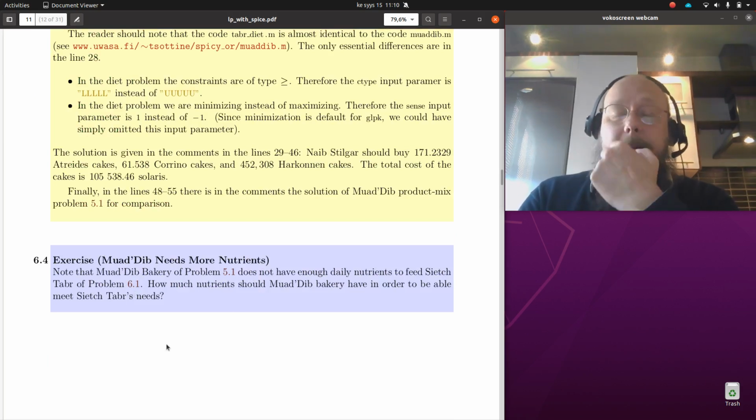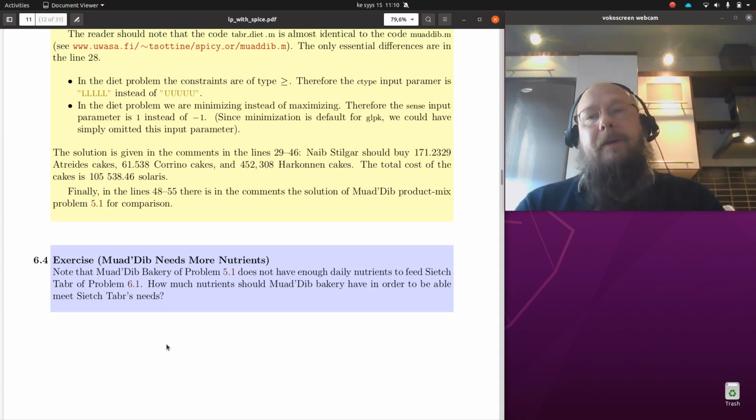The difference is that the more deep bakery doesn't have enough nutrients. And maybe I should say that this is a kind of dishonest question. So how many nutrients should more deep bakery have in order to be able to meet seed starter diets?